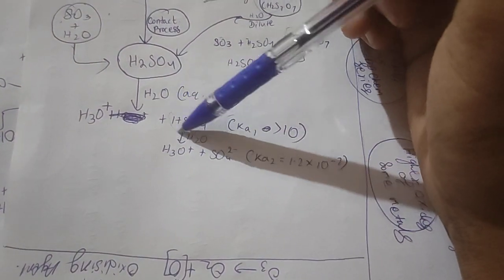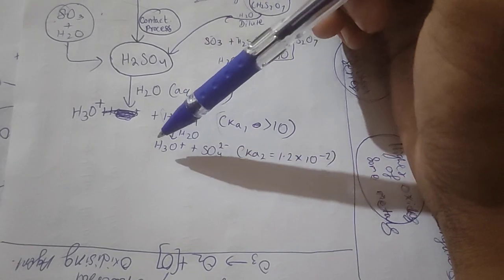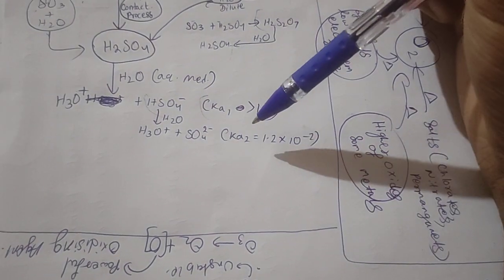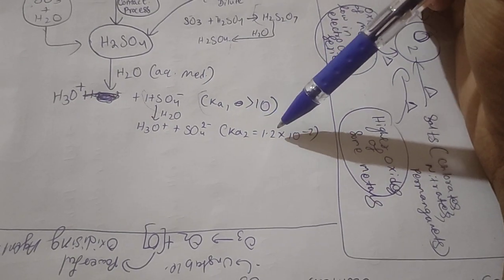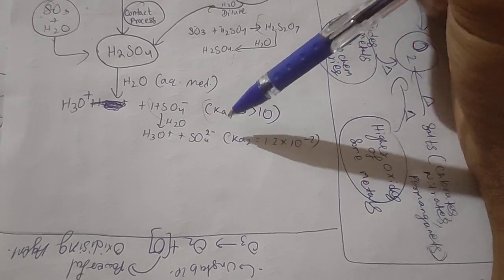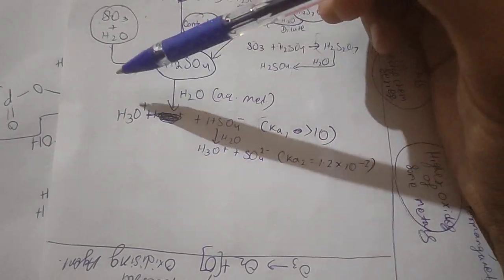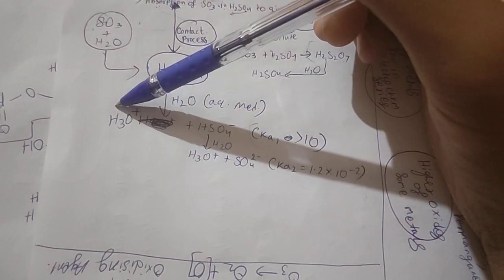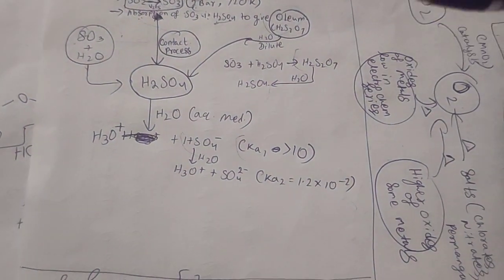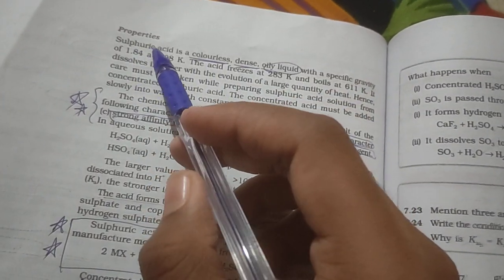But when HSO4- is again dissociated into H3O+ and SO4 2-, the Ka2 here is 1.2 into 10 to the power minus 2. It's pretty low in comparison, right? So generally H2SO4 is dissociated into H+ and HSO4- more. Now here are the properties of sulfuric acid.